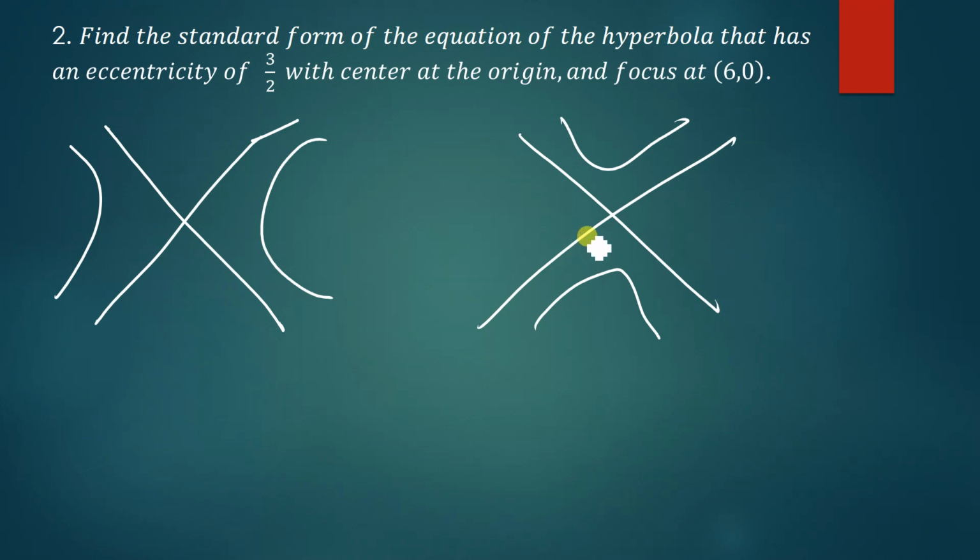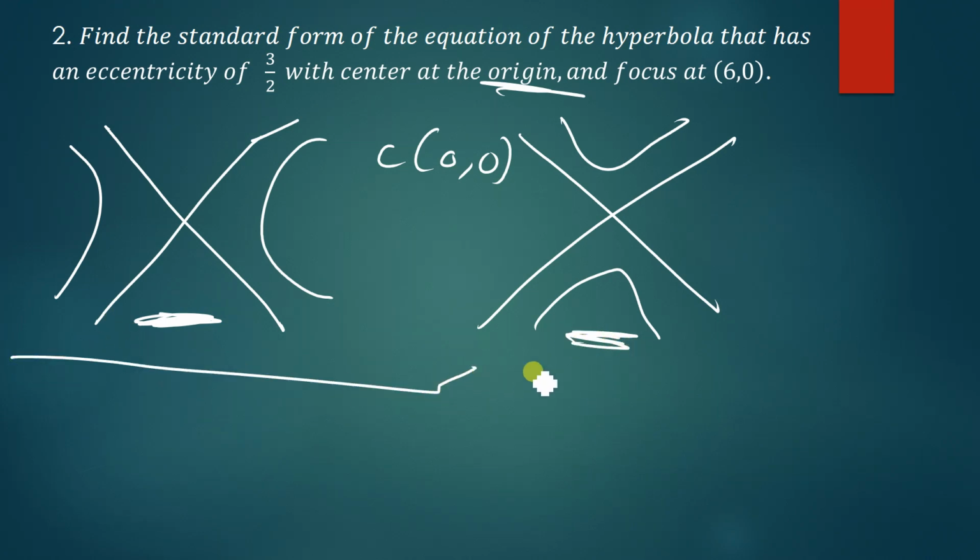The first thing you need to do is write down the equations. We've been told that the center is at the origin, so our center is 0, 0. Now how do we know whether this is the type of geometry we're talking about, or this one? Let's write the equations down.